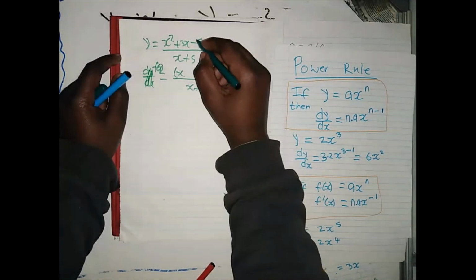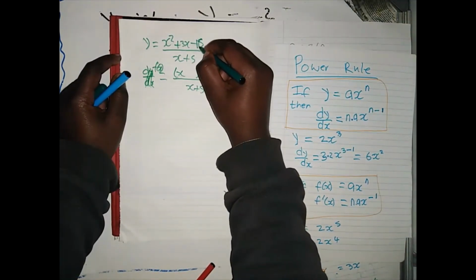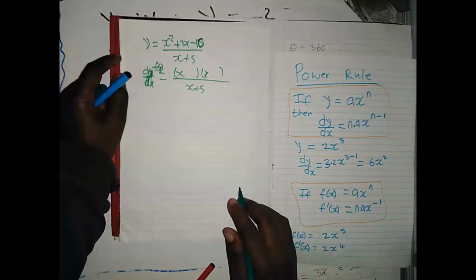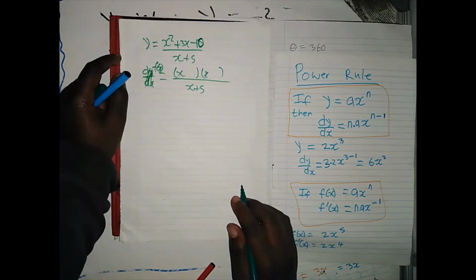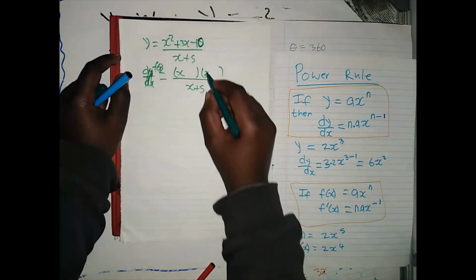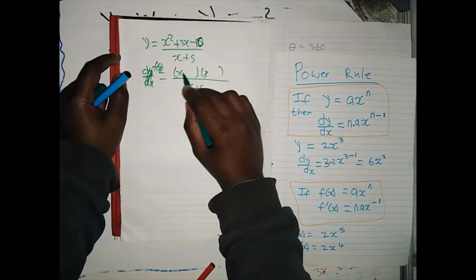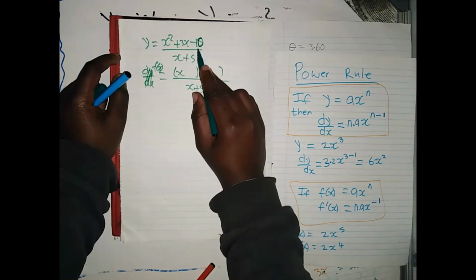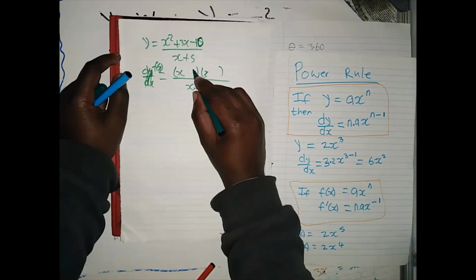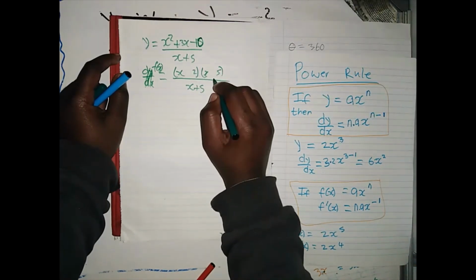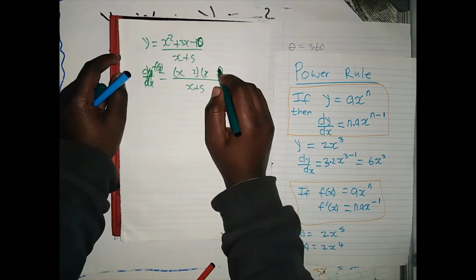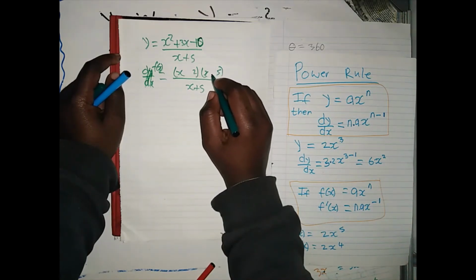Sorry, I made a mistake here. There's supposed to be 10 here, minus 10. Can you see that? So it's x to the power 2 plus 3x minus 10. So it's going to be x, and then the 10 is going to be 2 and 5. You can use any other method of factorizing and then end up finding a factor.